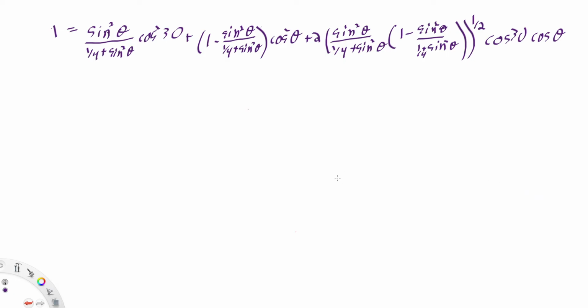That's going to get rid of all the fractions. And yeah, maybe we'll compute cosine of 30. So cosine of 30 is square root of 3 over 2. So cosine squared of 30 is 3/4.